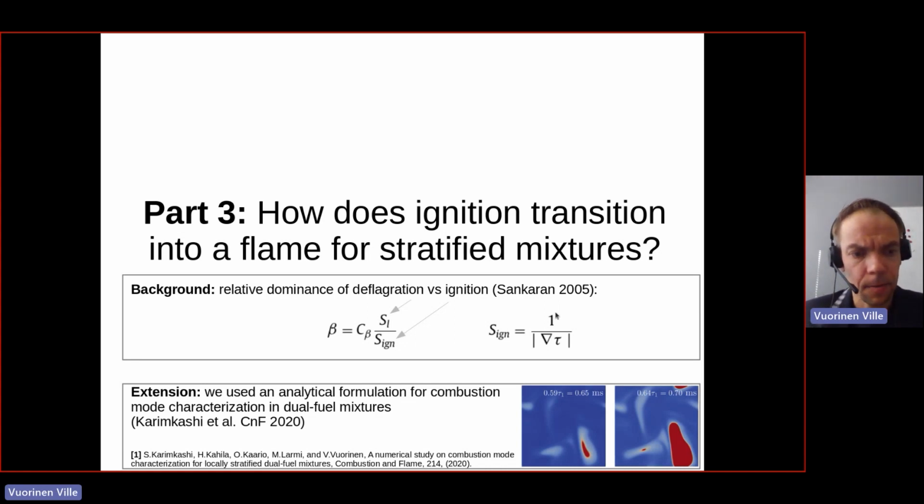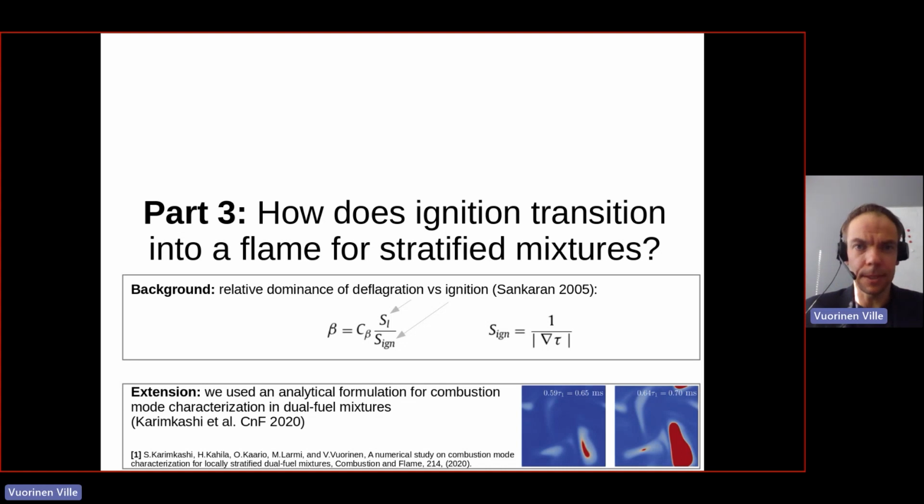We extended this work via an analytical formulation for combustion mode characterization in dual-fuel mixtures, and this was published a couple of years ago in Combustion and Flame. The question is, if you have a stratified mixture, as in the small picture in the bottom right, you have first ignition points, and the most reactive fuel ignites.